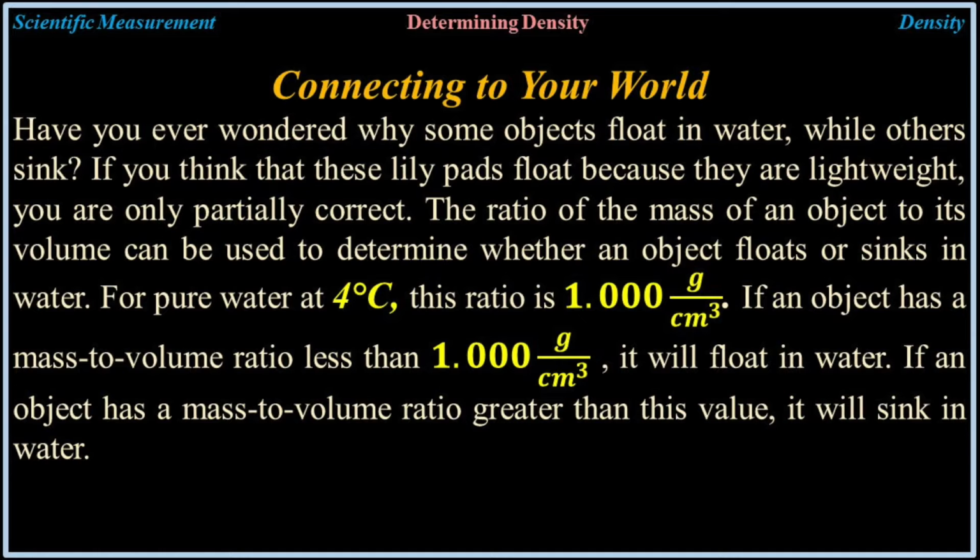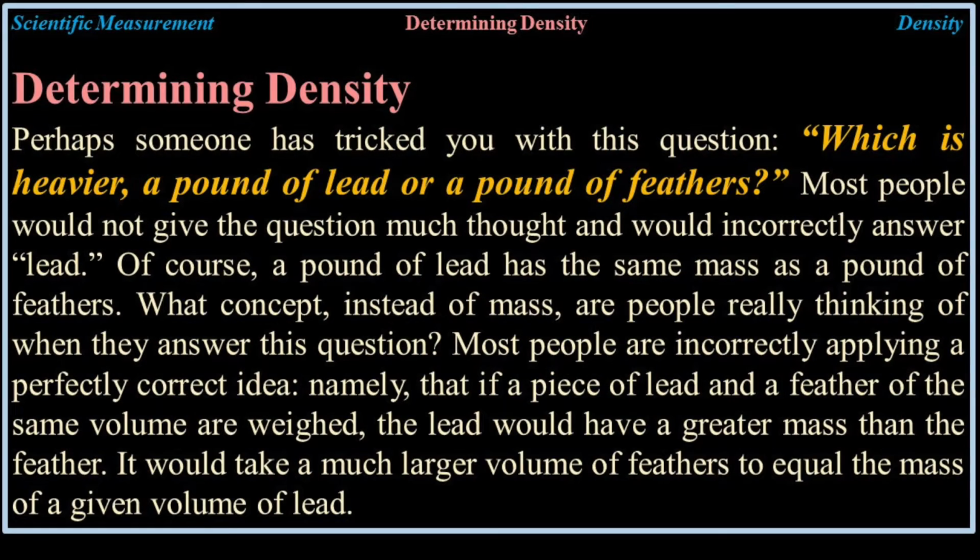For pure water at 4 degrees Celsius, the ratio is 1 gram per cubic centimeter. If an object has a mass to volume ratio of less than 1, it will float in water. If an object has a mass to volume ratio greater than this value, it will sink in water.